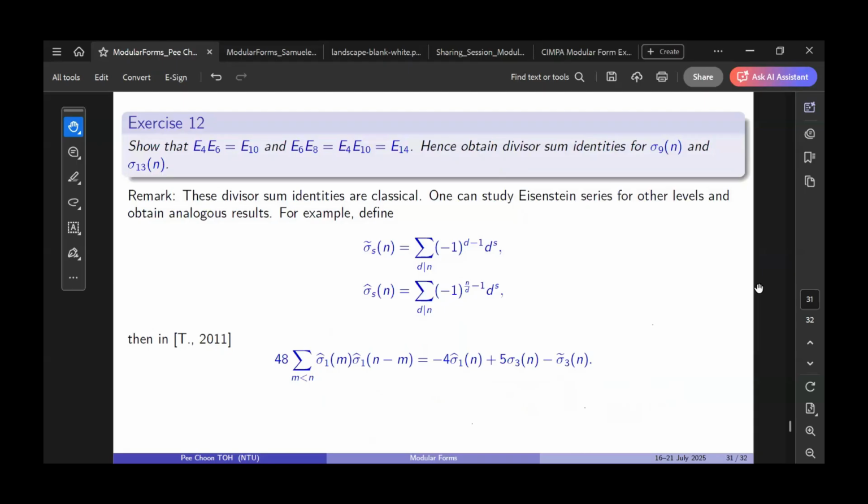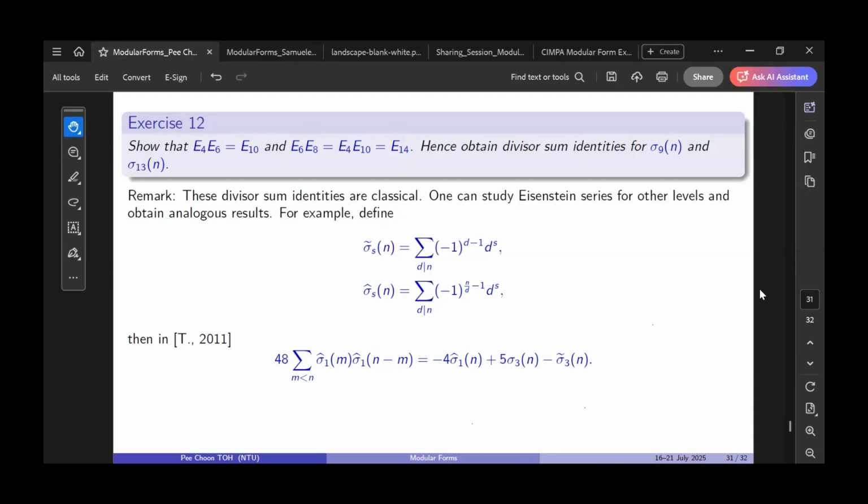So exercise 12 is also not very hard. This is again just trying to match the coefficient. You can show that the Eisenstein series with weight 10 is the product of E4 and E6, while E14 is the product of E4 and E10.